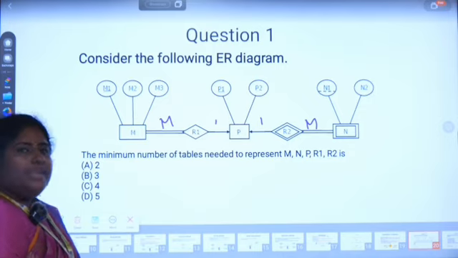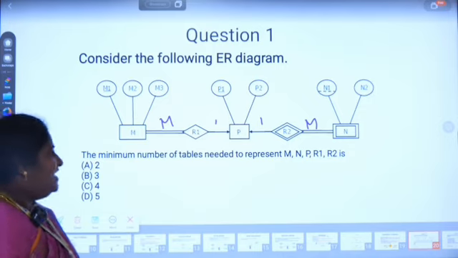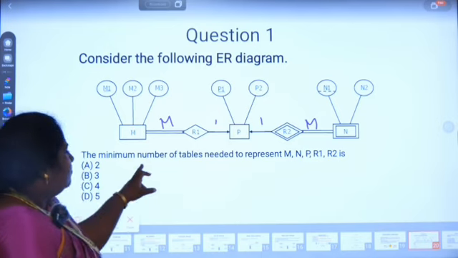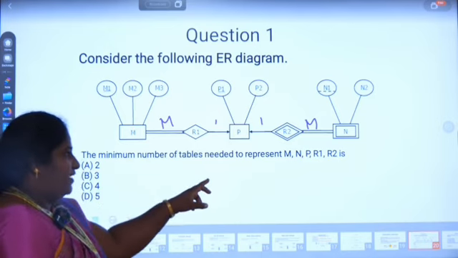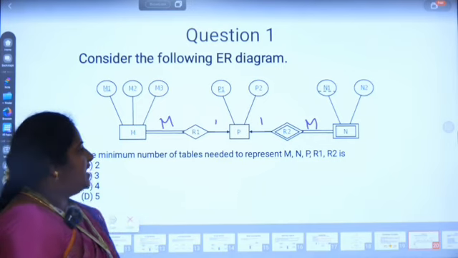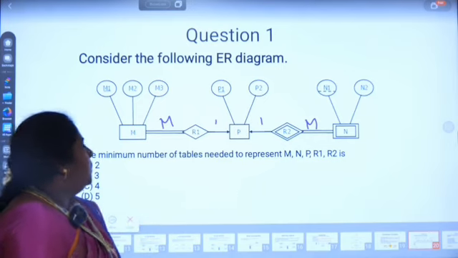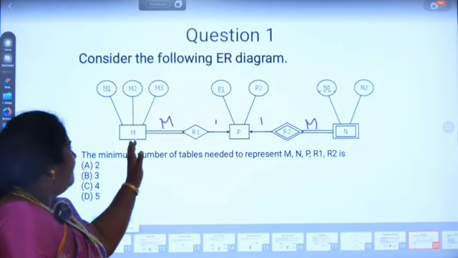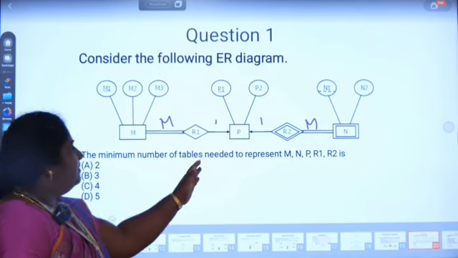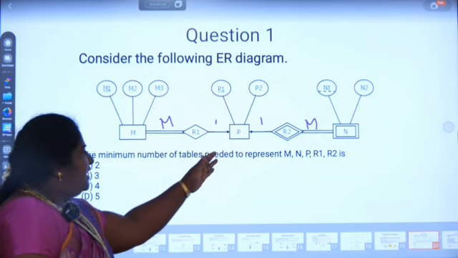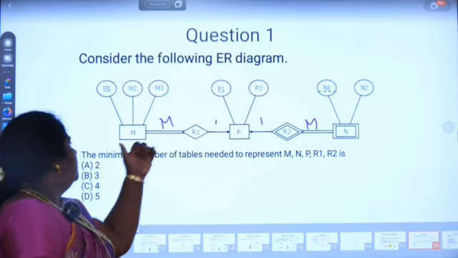When it is like that, we need to identify the number of tables. The minimum number of tables needed to represent M, N, P, R1 and R2 has to be given here. When we consider a relationship that consists of a many to one relationship, what we have to do is include the primary key of the one side in the many side.